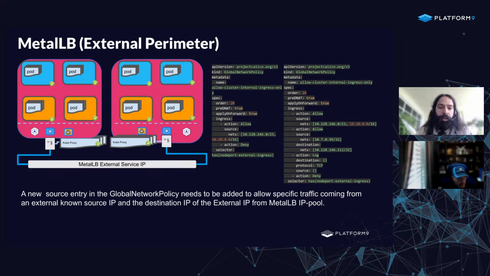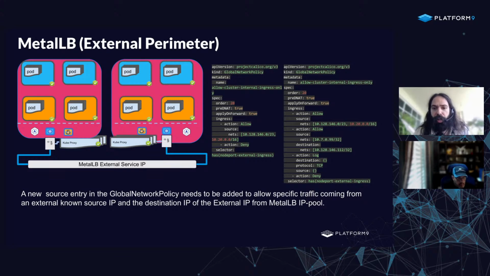By looking at your left hand side, you're going to see this small diagram, and now we have MetalLB in place, and how that communication goes, and how an external service has an IP coming from the MetalLB IP pool. Now we can go again and check the global network policies on the right side.